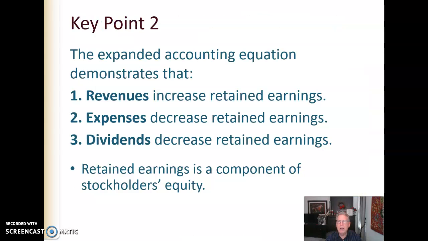So the key point here is that revenues are going to increase retained earnings. Expenses will decrease retained earnings. And that's eventually, at the end of the period, that will occur when we zero out the income statement. Dividends decrease retained earnings. So retained earnings then is a component of stockholders' equity, just like stock is.